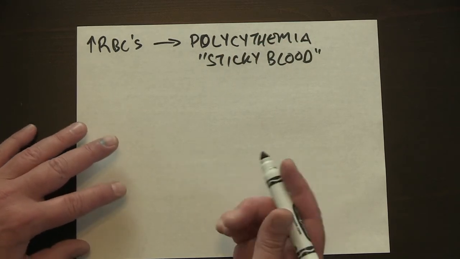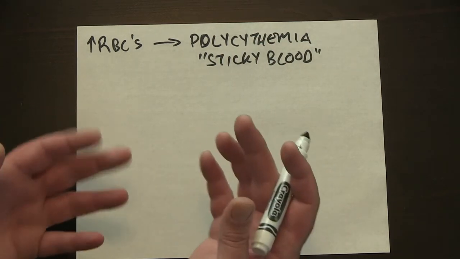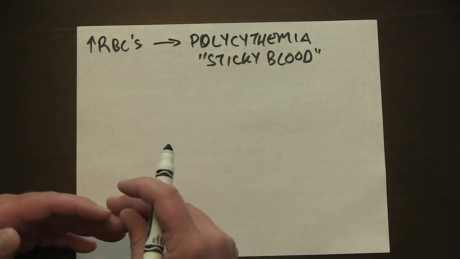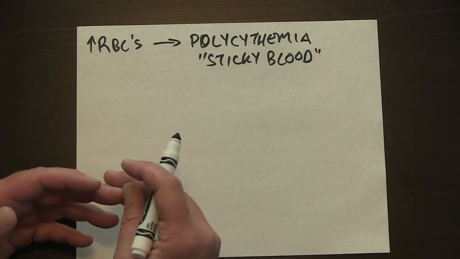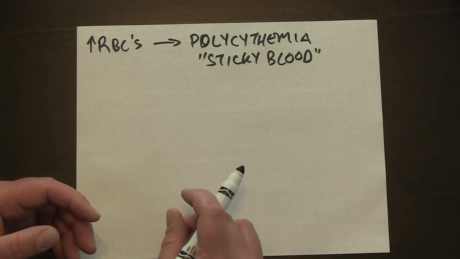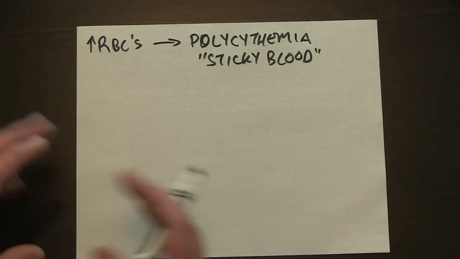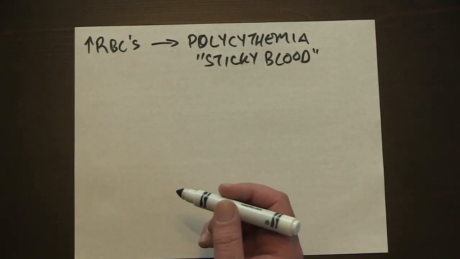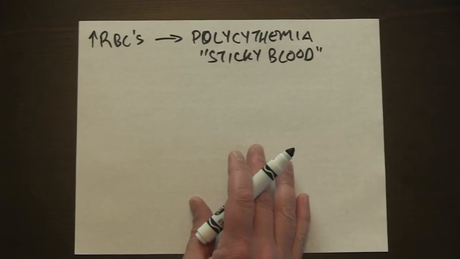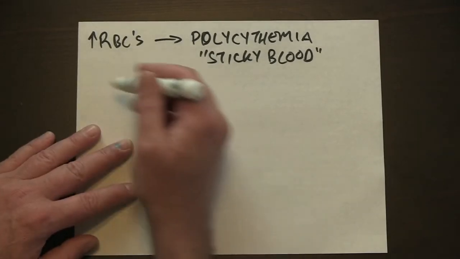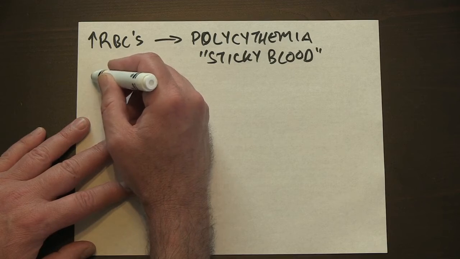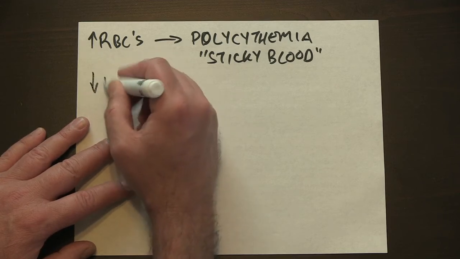More red blood cells. And so rather than being, say, 48% red blood cells and 52% plasma, now it's maybe only like 53% red blood cells and 47% plasma, so it becomes less fluid and more sticky. And this can be a problem because obviously it could get stuck in some of the smaller blood vessels and cause some other issues.